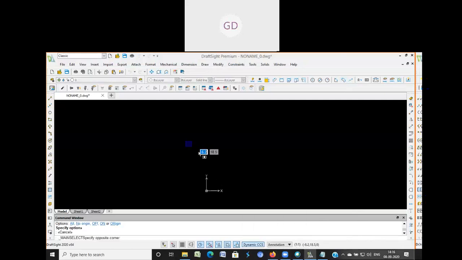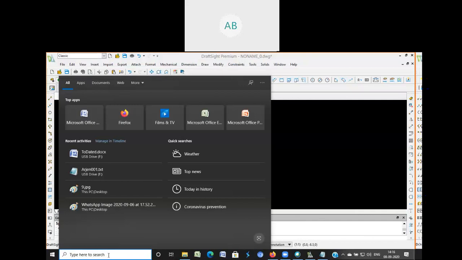What I was saying last time, there is a very important command which is known as offset. Let me bring out the paintbrush.